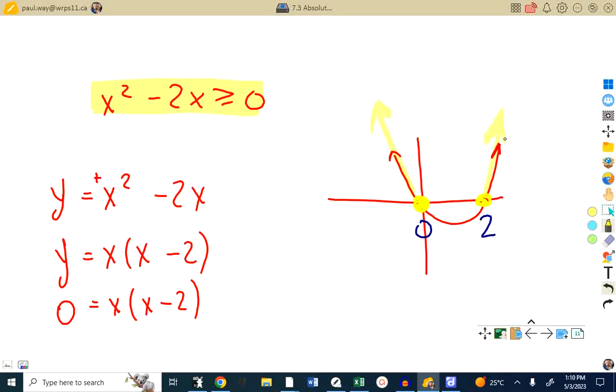Those 2 dots are where x squared minus 2x is equal to 0, and the 2 lines that are highlighted in yellow is where that x squared minus 2x is greater than 0.